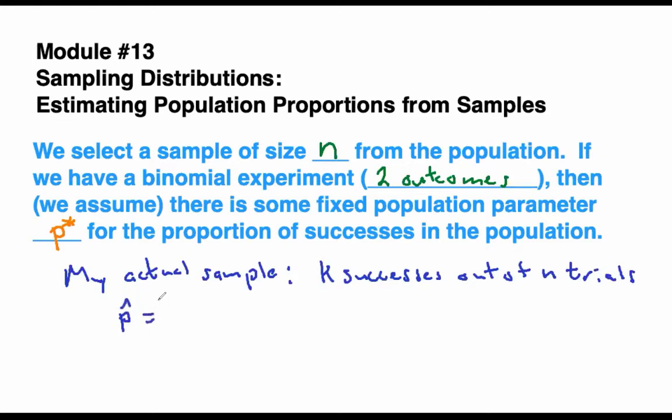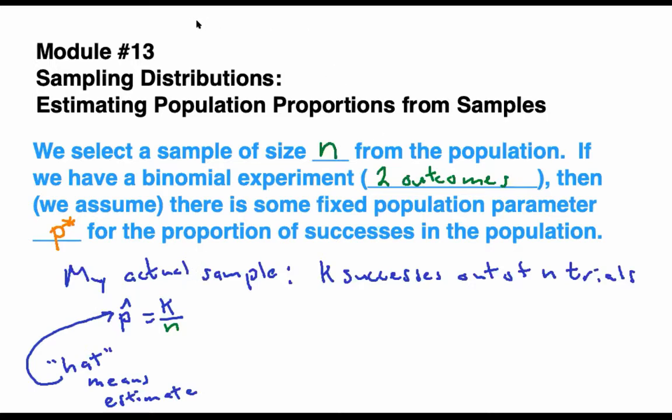And this equals K, the number of successes we had, divided by N, the number of total trials we actually did. Now again, in the notation here, the hat indicates it's an estimate. The hat is just the statistician's notation for saying that we've got an estimate.